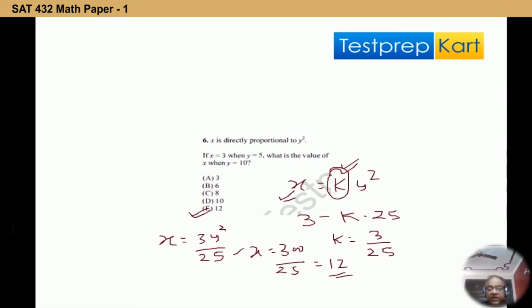And for k, you have to utilize the condition he has given, that is x is equal to 3 and y is equal to 5. That's how we got x is equal to 3y square divided by 25. After that, for a particular value of y you can find x, or for a particular value of x you can find y. In this case, they want x when y is 10, and therefore x will be 12.